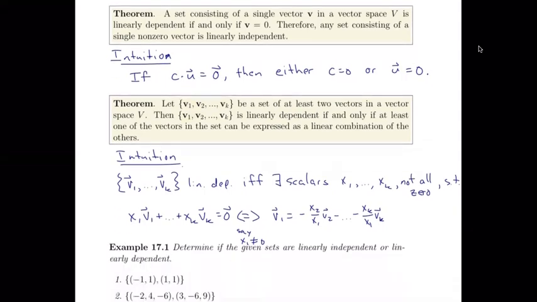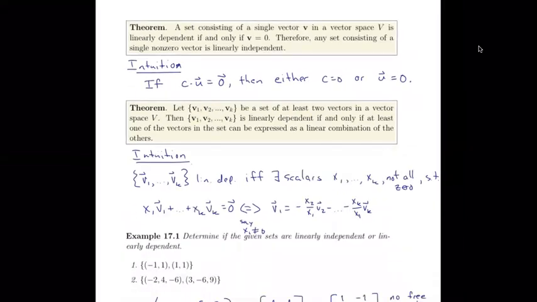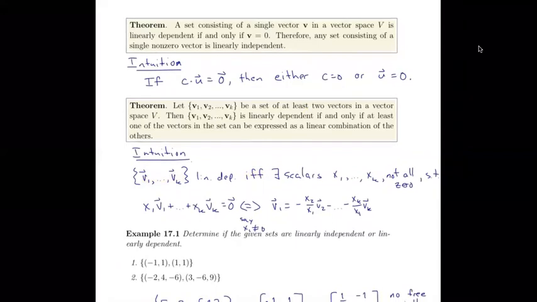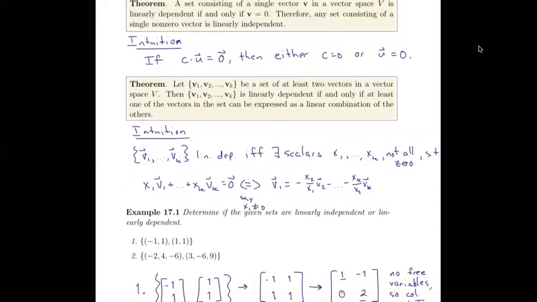So let's think about this in regards to linearly dependent. If we were to state that this set is linearly dependent, well, that's true if and only if there exist scalars x1 to xk, not all of which are 0, such that this equation holds.